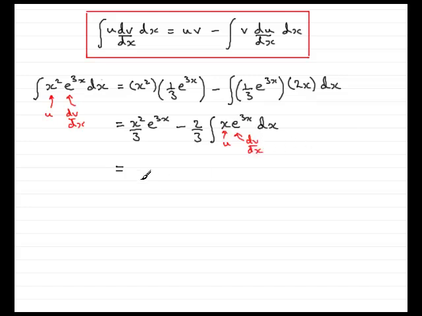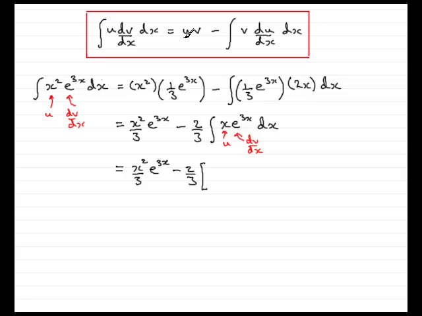And we start, as I say, all over again. I write the first term in, x squared over 3 e to the 3x, and then minus 2/3, and because I've got it out the front of the integral, it's going to make it a lot easier to handle. I just put a square bracket up here, and all I need to do is just do by parts again then for x e to the 3x.